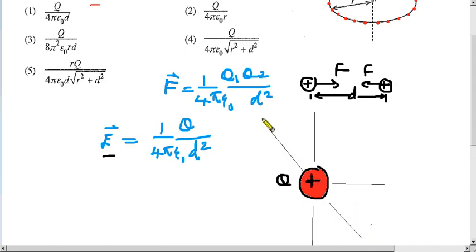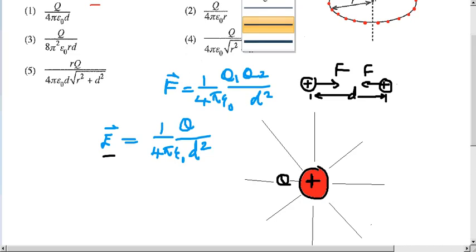There is a field. Field means there is an influence, attraction or repulsion. So that influence is spread around this charge.